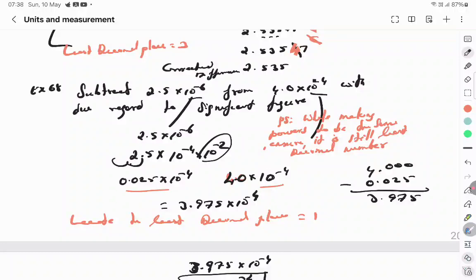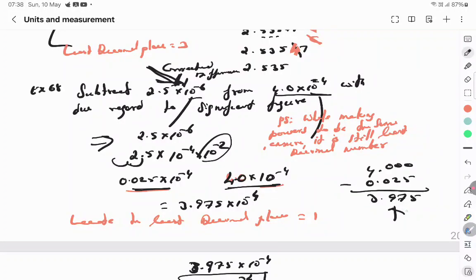The first thing that you've got to do, because you're subtracting, is make sure that you have the least decimal place. So convert this into 10 to the power minus 4, because we don't want the maximum decimal place. We want always the minimum decimal place, the least decimal place. Once you convert it, you have a common power and you can subtract these two, you get this answer.